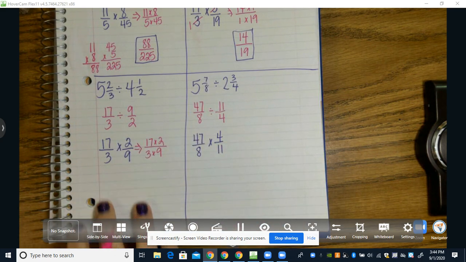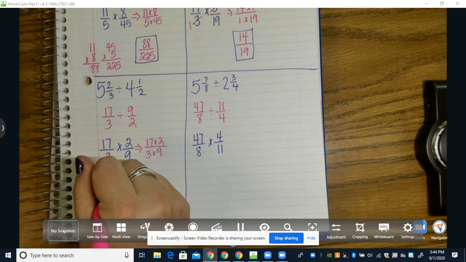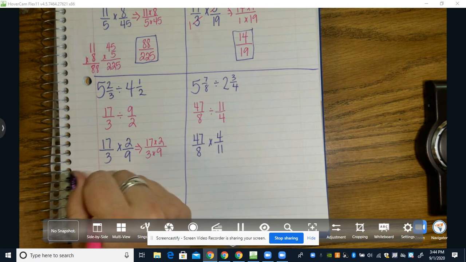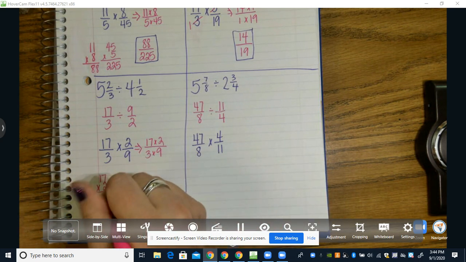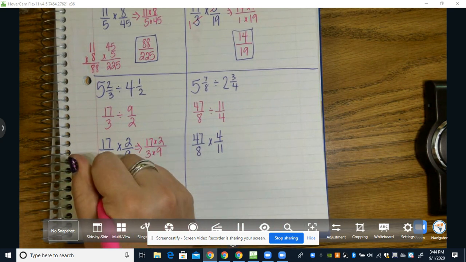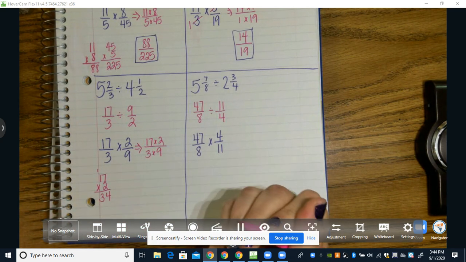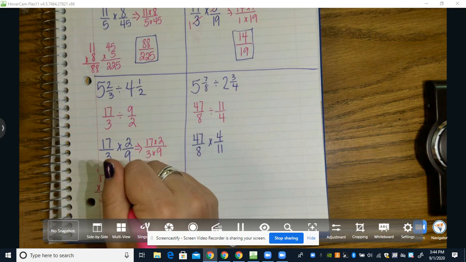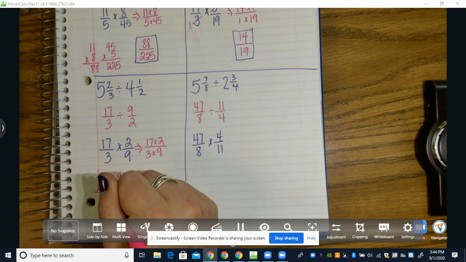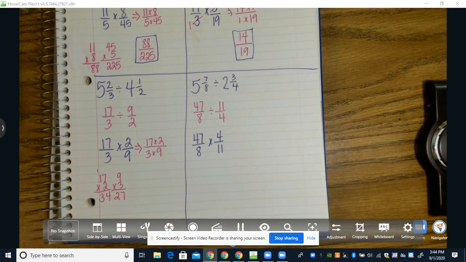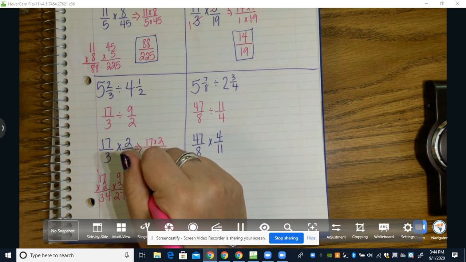And I have enough room down here. I'm going to show my work. So 17 times 2. 2 times 7 is 14. Carry a 1. 2 times 1 is 2 plus 1 is 3. So I have 34 there. And 9 times 3 is a math fact, which is 27. So my answer here would be 34 over 27.